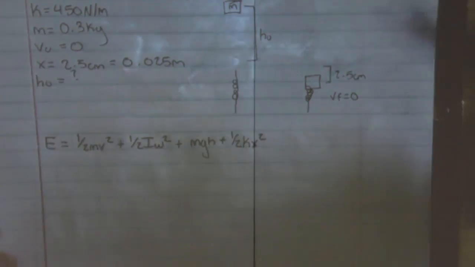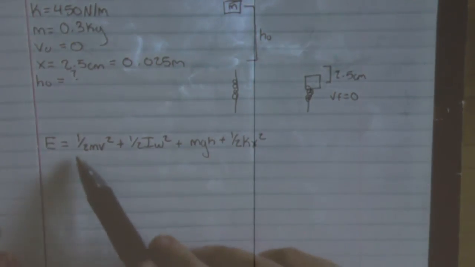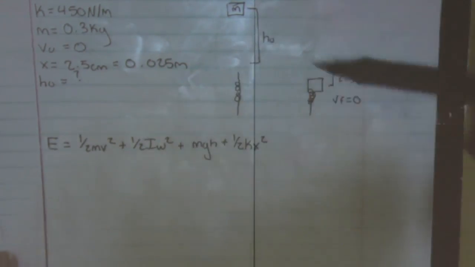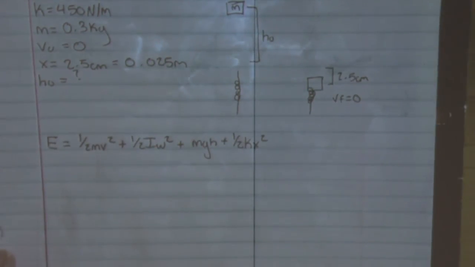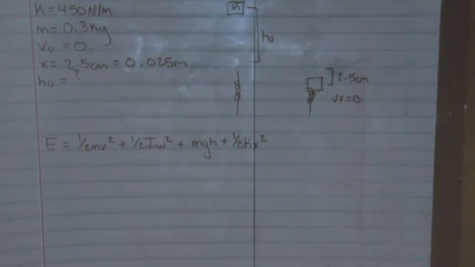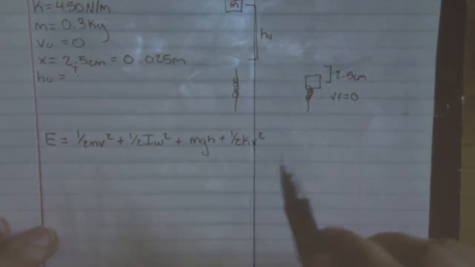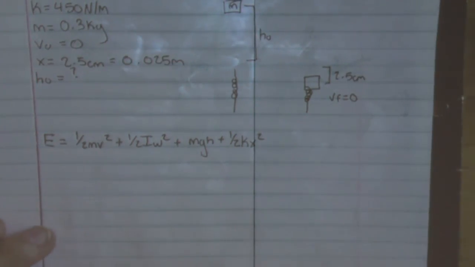So if we look at this, there isn't any mechanical kinetic energy because we start at velocity equals 0 and we end at velocity equals 0, right? So we don't really have to worry about that. We're not rotating, so that's another thing we don't have to worry about here. We are changing heights, so we will need this, and we do have springs, so we will need that, right?